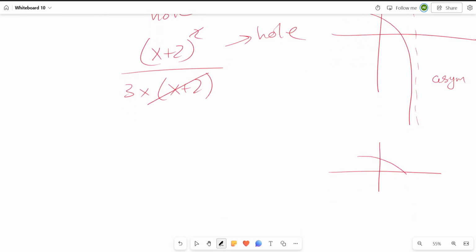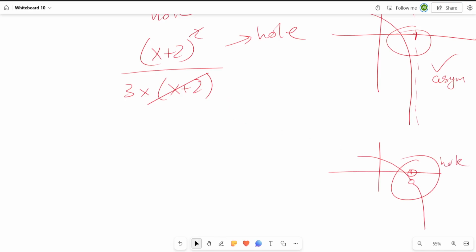So it's going to have something, and then at my x that is minus 2 or 2 or whatever, I'm going to have a hole, and then I'm going to continue my graph. So what determines this kind, or are both undefined? Both have no value at this x. However, is it an asymptote or is it a hole?